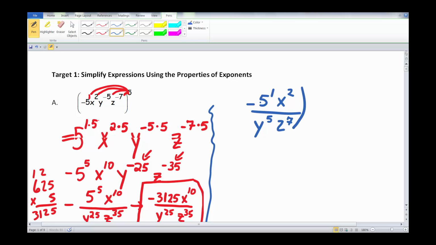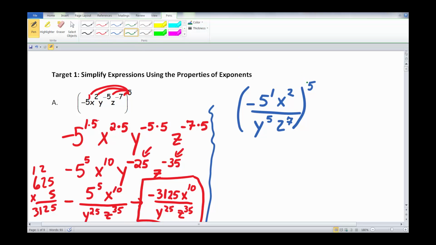So again, just placing those negative exponents where they appropriately belong, in this case on the bottom. And we should keep in mind that this is all still raised to that fifth exponent. Inside the parentheses, all we did was place those negative exponents where they belong. And at this point, now you can go ahead and do your power to a power, pretty much just distributing that 5 in to all of those items.